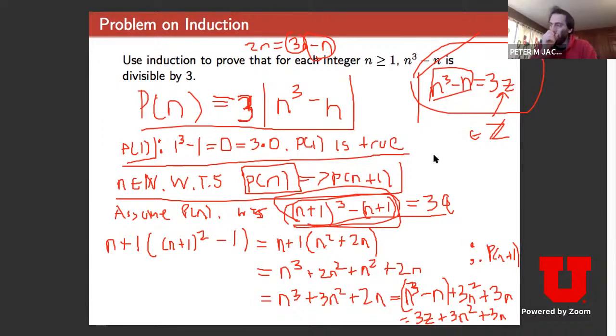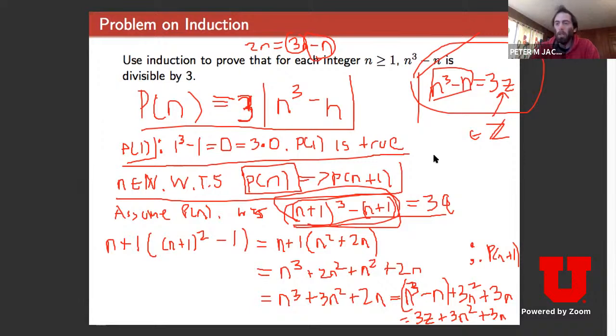So n is just a number. n is a variable. You can think of it like apples. n is a quantity of apples. So 2 apples is equal to 3 apples minus 1 apple.